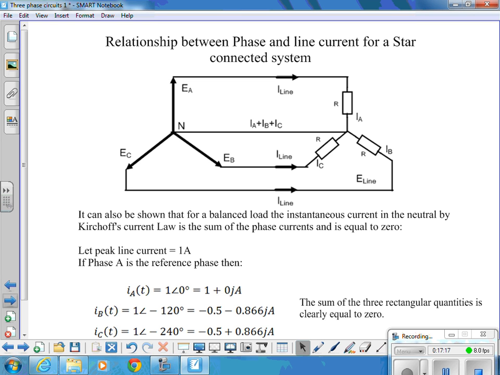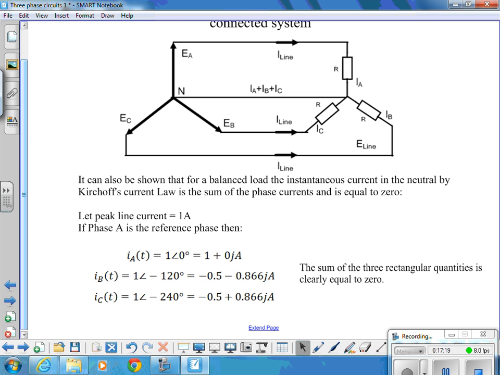And we're using the complex number system we've been working with the last 2 weeks. We can prove that. If we let the peak current be an amp, and phase A is the reference phase, the one without an angle, 0 degrees, we can say that the current in A is 1 angle 0, or 1 plus 0J amps. IB at the same time would be 1 angle minus 120.